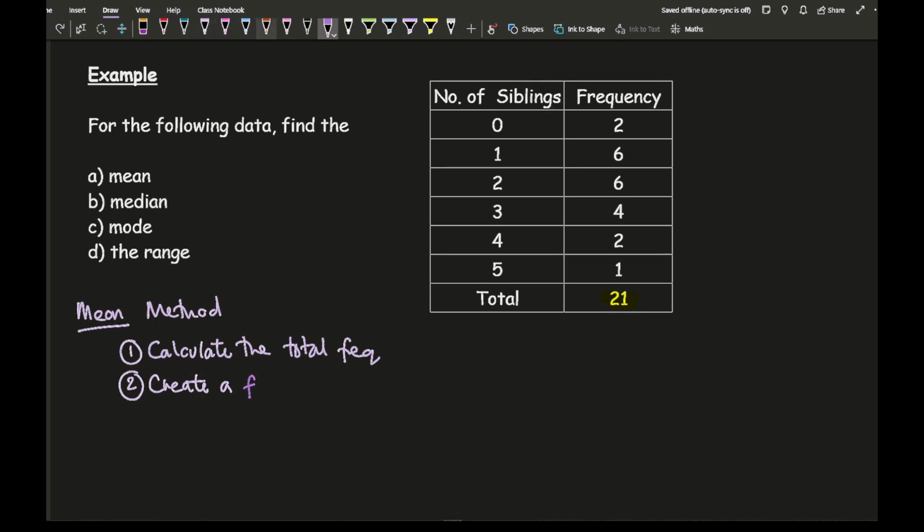The fx column. Step 3 is then calculate the fx value.